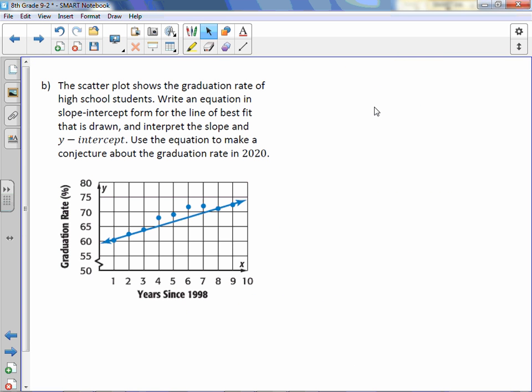The scatter plot shows the graduation rate of high school students. Write an equation in slope-intercept form for the line of best fit that is drawn, and interpret the slope and y-intercept. Use the equation to make a conjecture about the graduation rate in 2020. Our y-intercept is just under 60, so I would say our y-intercept is 59.